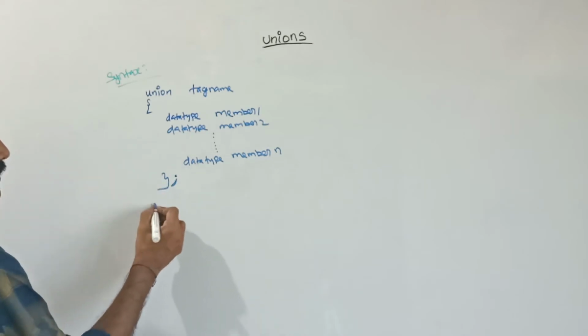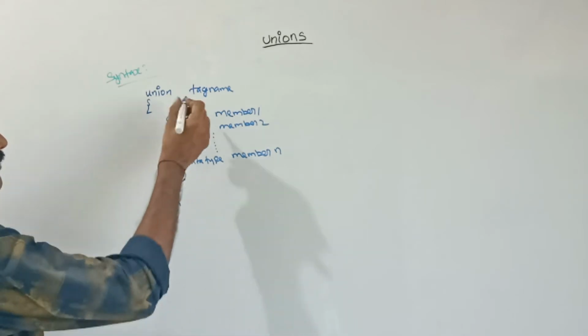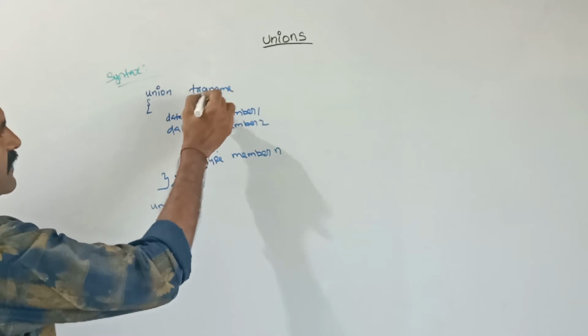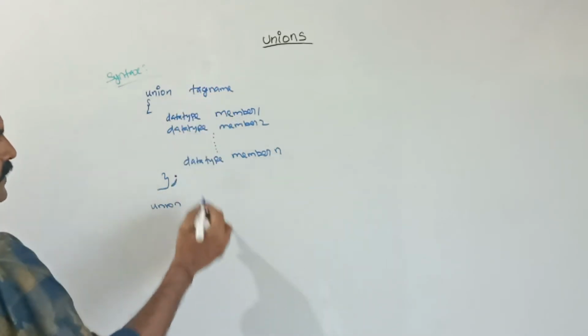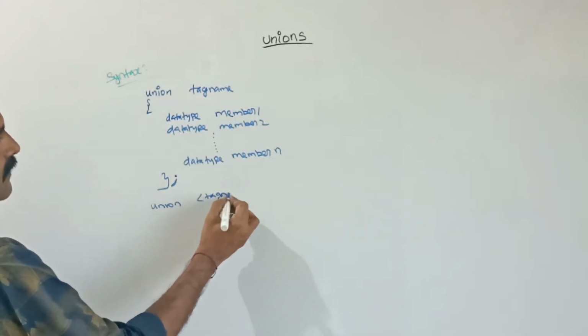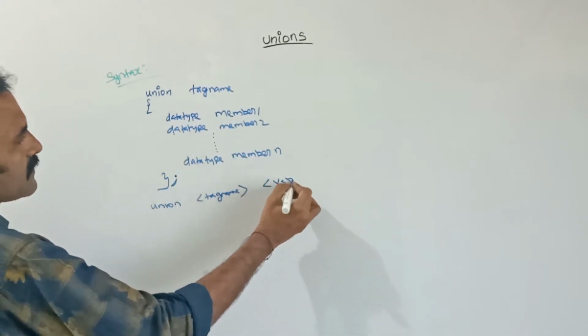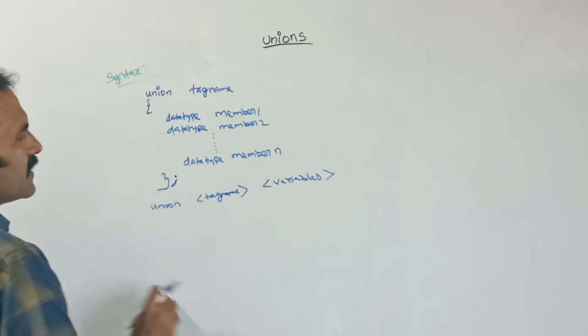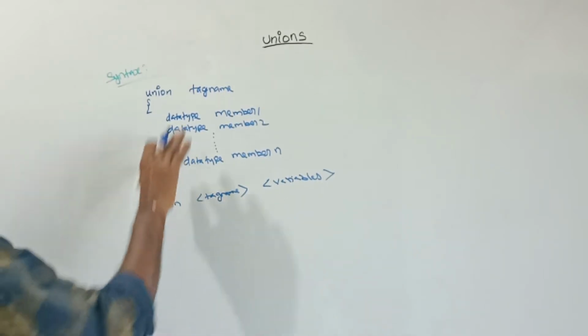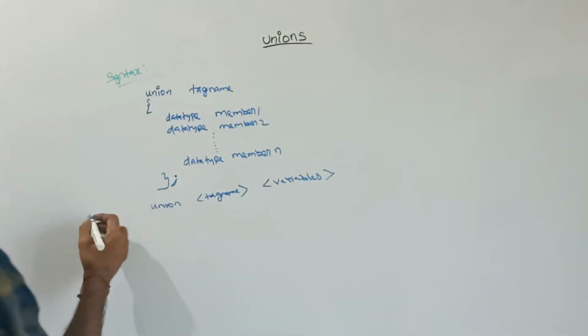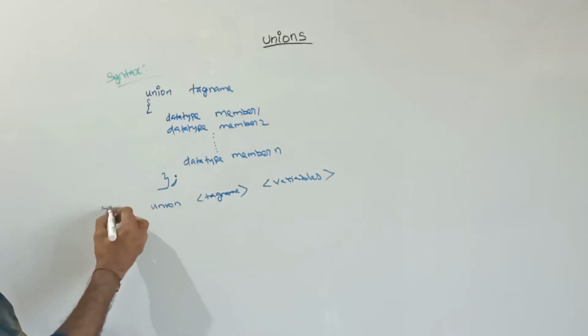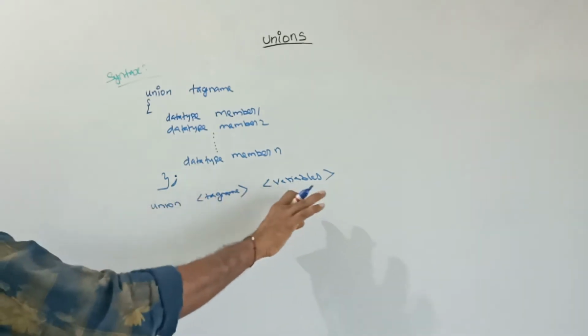First the keyword union should be used. After that the tag name of the union. After that we can give the variables. In this way also we can create the union variable. So this is the syntax of creating the union variables.